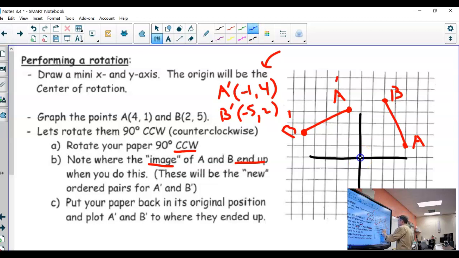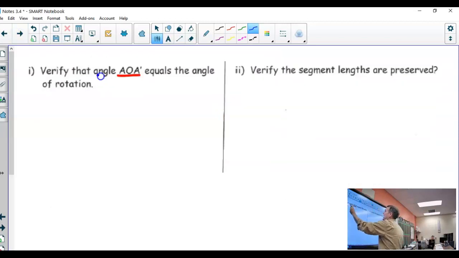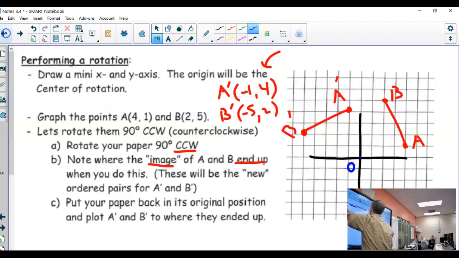So right here is point O, the origin. When it says angle AOA prime, it means start at A, go to O, and then go to O prime. And we are looking at this angle right here.